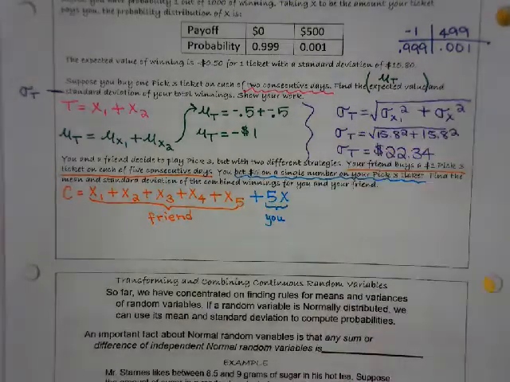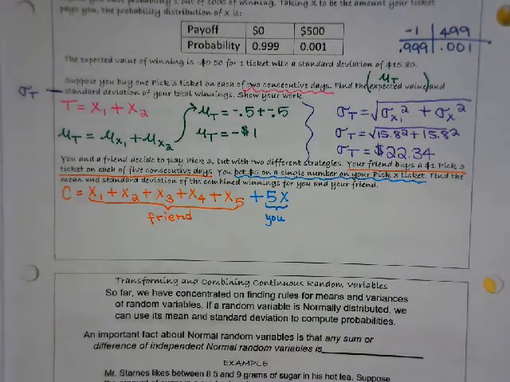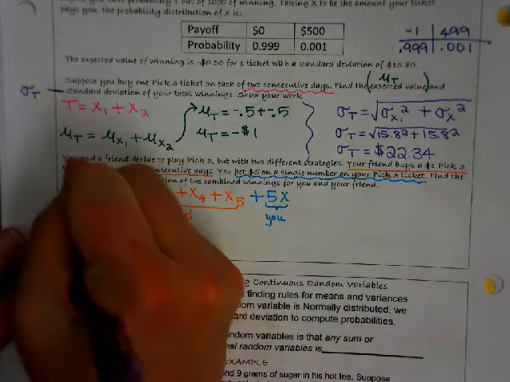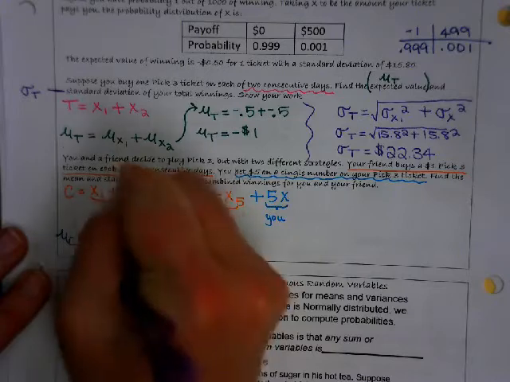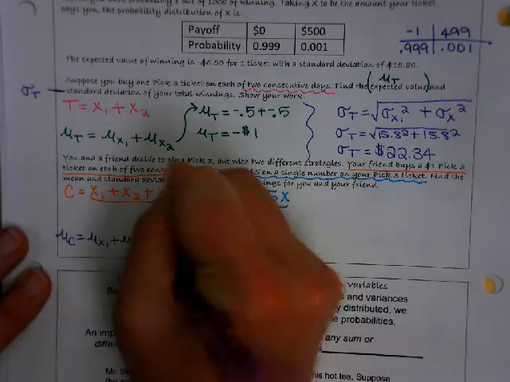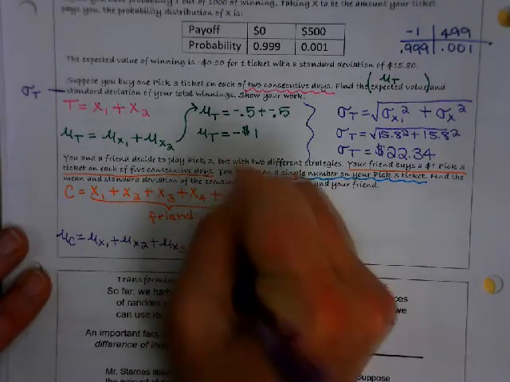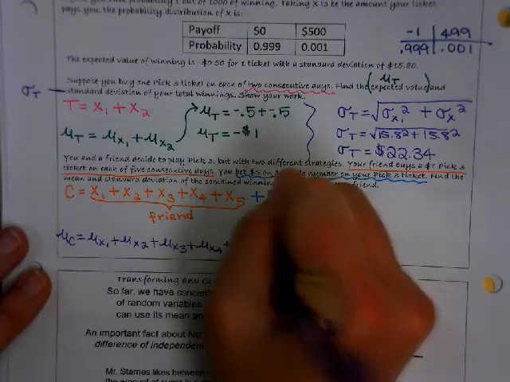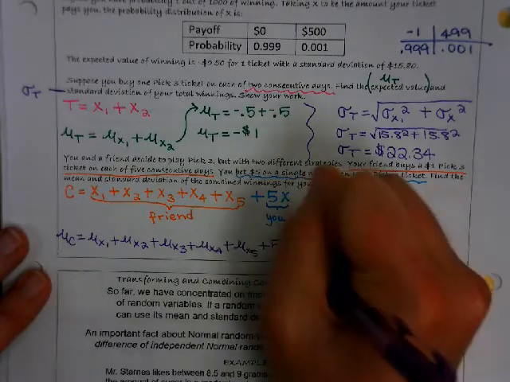So when we find the mean for this one, we're going to do the mean of day 1 plus the mean of day 2 plus the mean of day 3, day 4, and day 5, plus 5 times the mean of x for just one day.